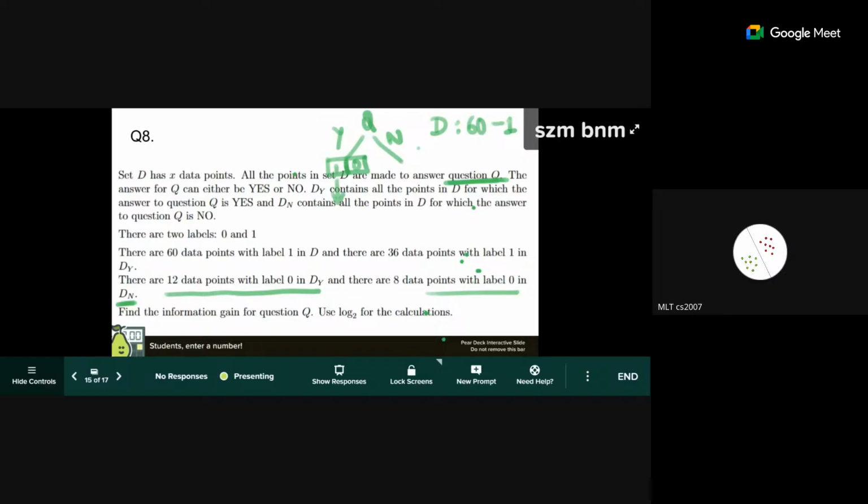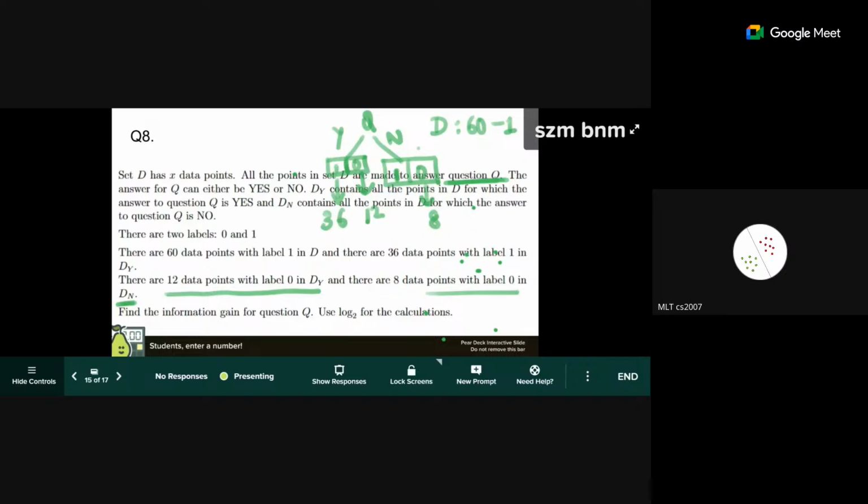There are 12 points with label 0 in Dy. There are 8 points with label 0 in Dn. So in Dn, you have 8 points with label 0.